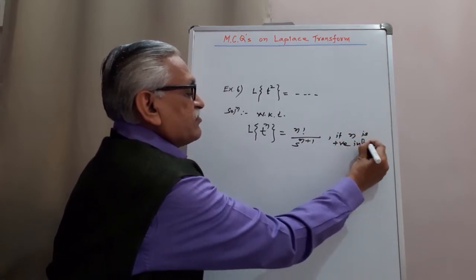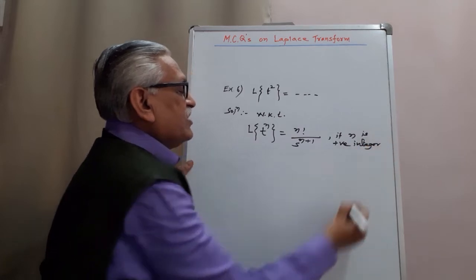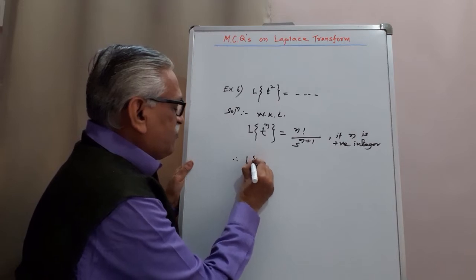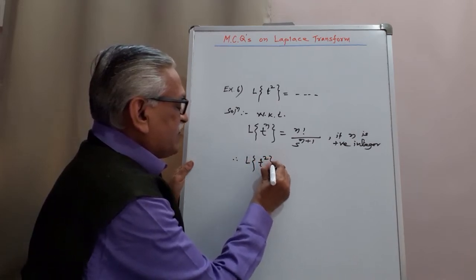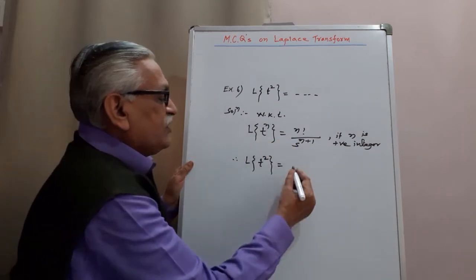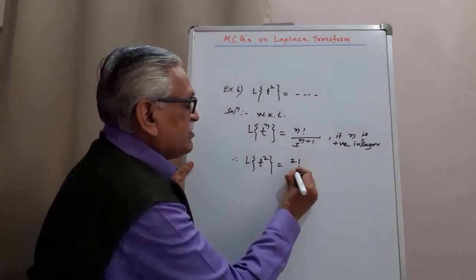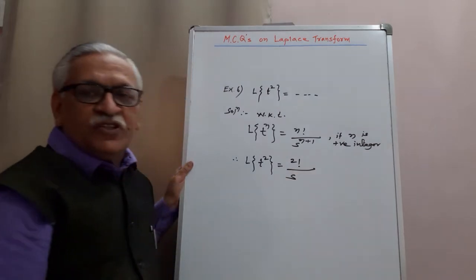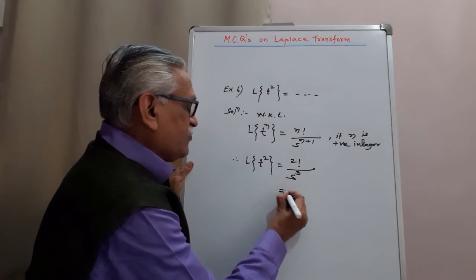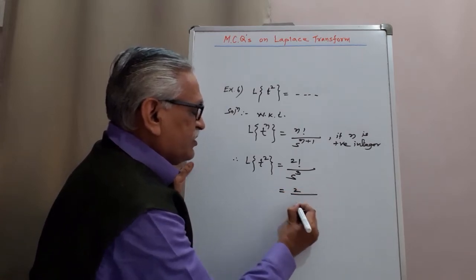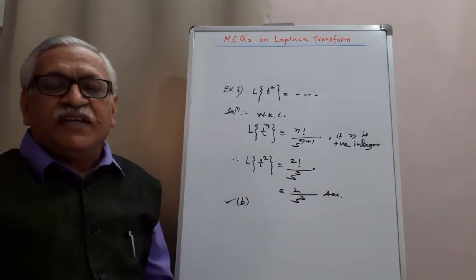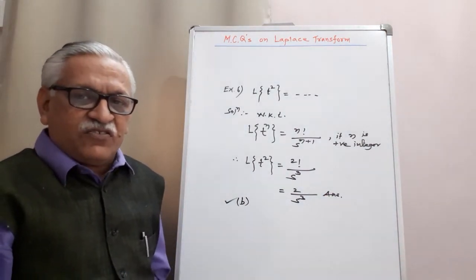Here the value of n is 2, a positive integer, and therefore Laplace transform of t square is 2 factorial divided by s raised to 2 plus 1. 2 plus 1 we get s raised to 3, and 2 factorial is 2, so it is 2 divided by s cube as the required answer. Option B is the right answer, or the correct option.